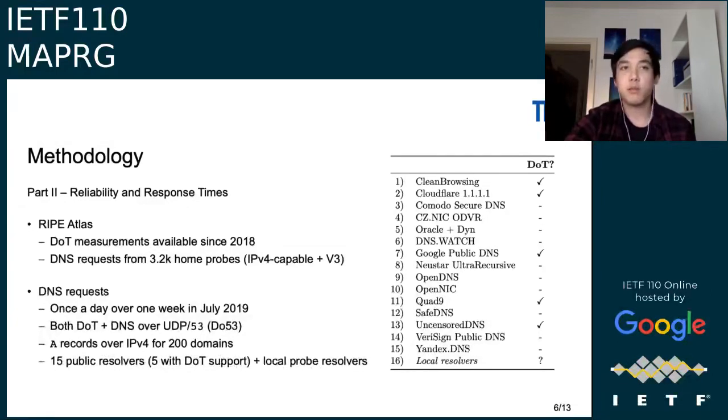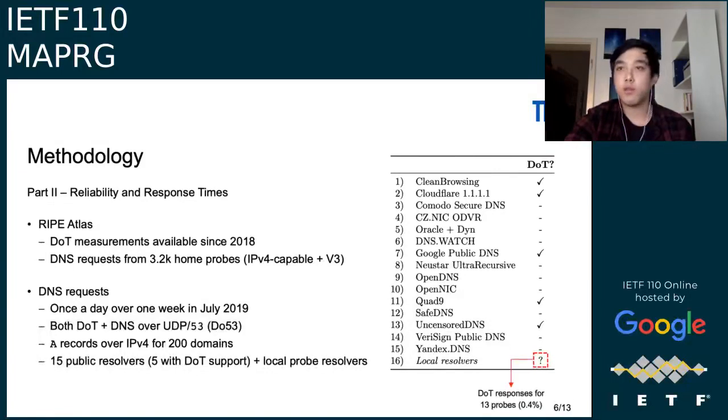As you can also see in the table, 5 of the public resolvers support DOT already. And as for the local probes, we weren't really sure if those support DOT or not. So this ties back into the question of adoption of DOT.